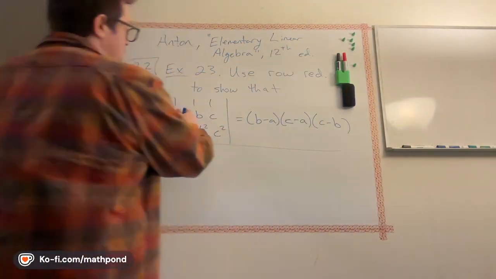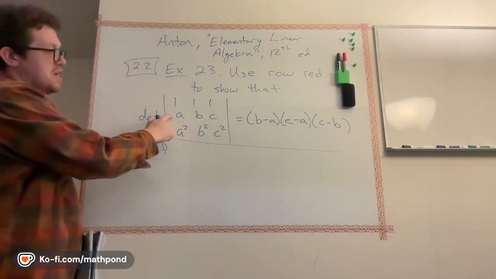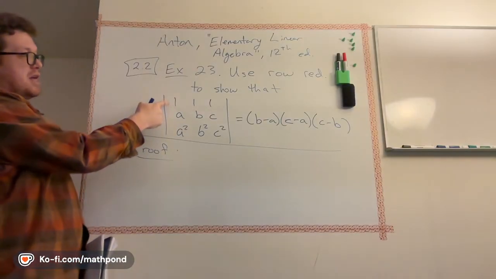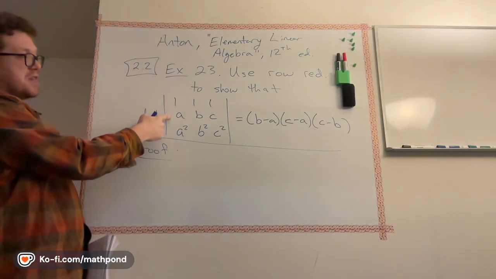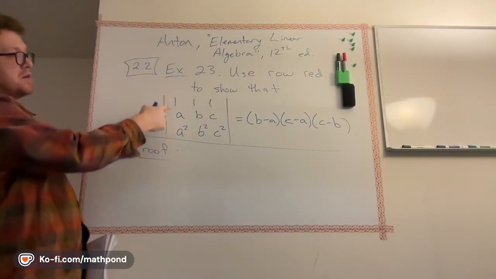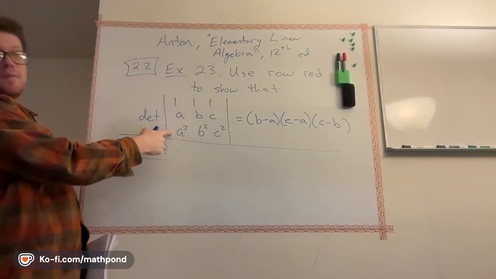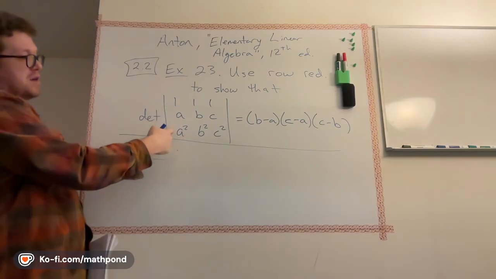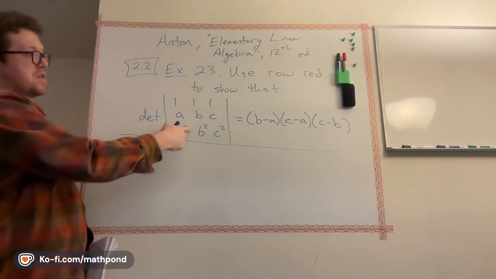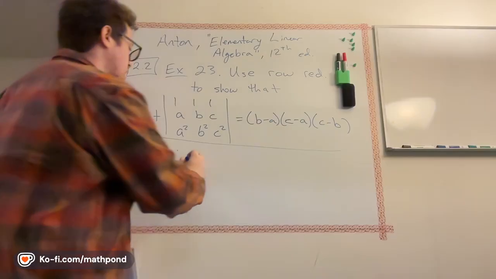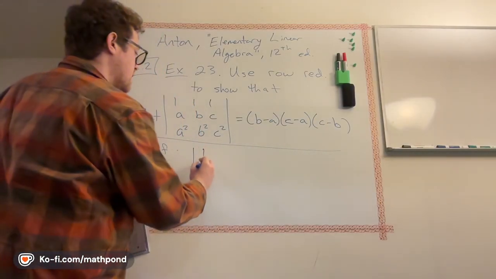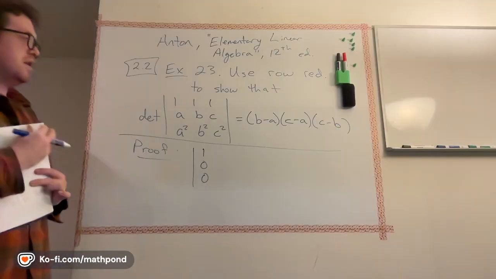So we want to eliminate this a and this a squared. One way to do that is to subtract a times the first row from the second row, and subtract a squared times the first row from the third row. Once I do that, a minus a will be 0, and a squared minus a squared will be 0. So yeah, let's do that. It'll be 1, 0, 0.